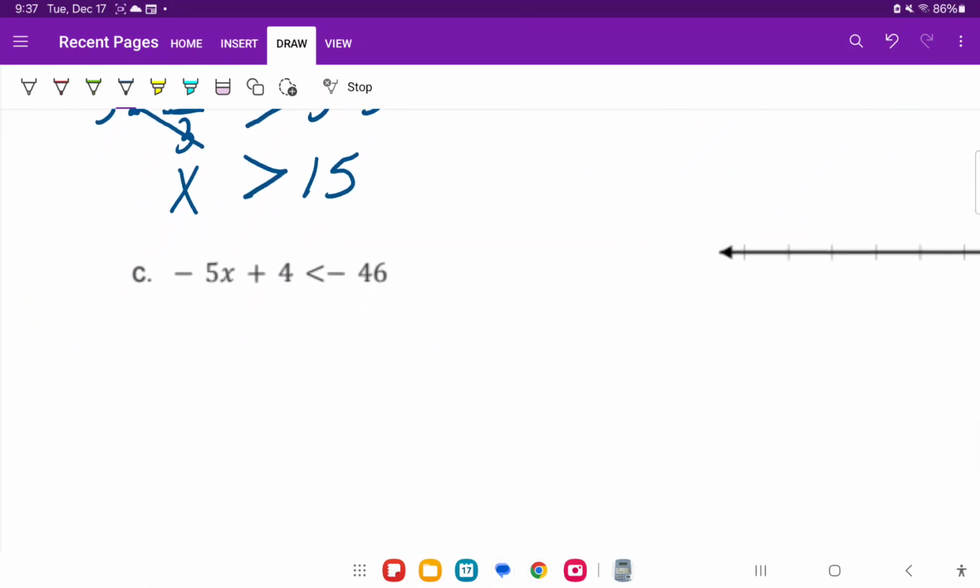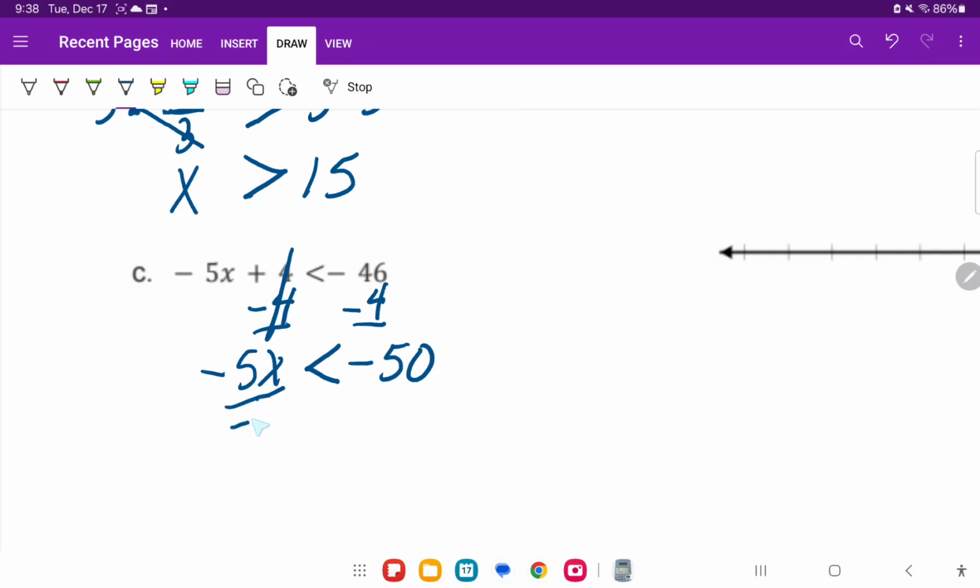All right, now on letter C, same thing we've just been doing. We're going to subtract 4 like this. Bring down your negative 5x, bring down your less than, and then that's going to be negative 50 right there. So then we'll divide by the number here, and so that's going to cancel.